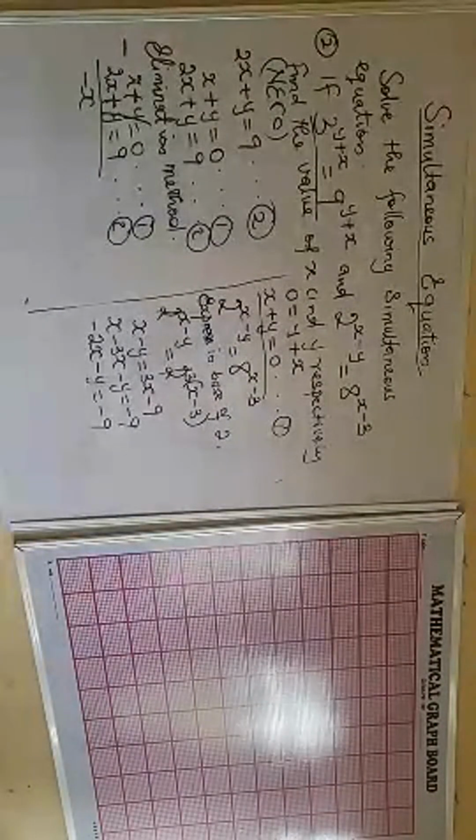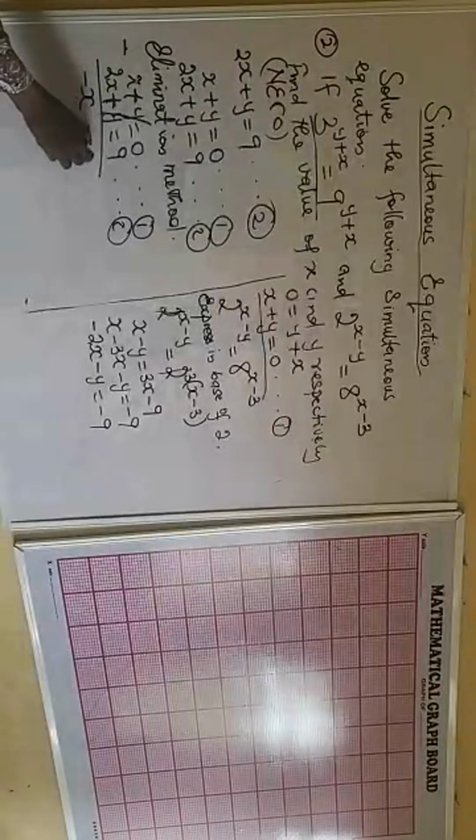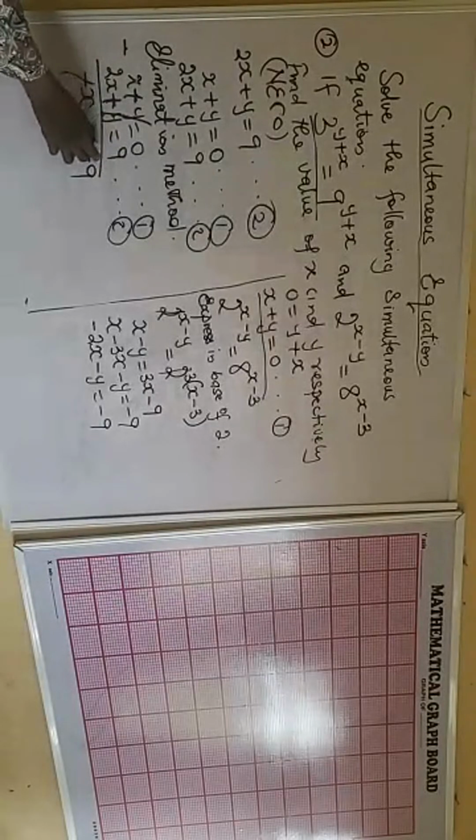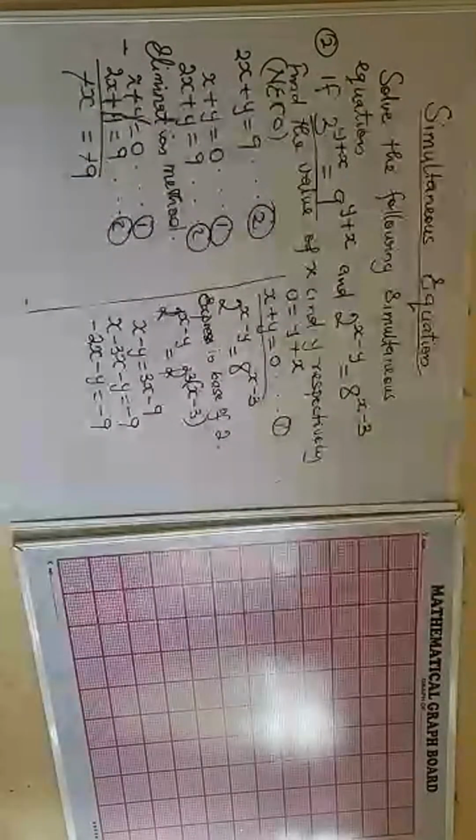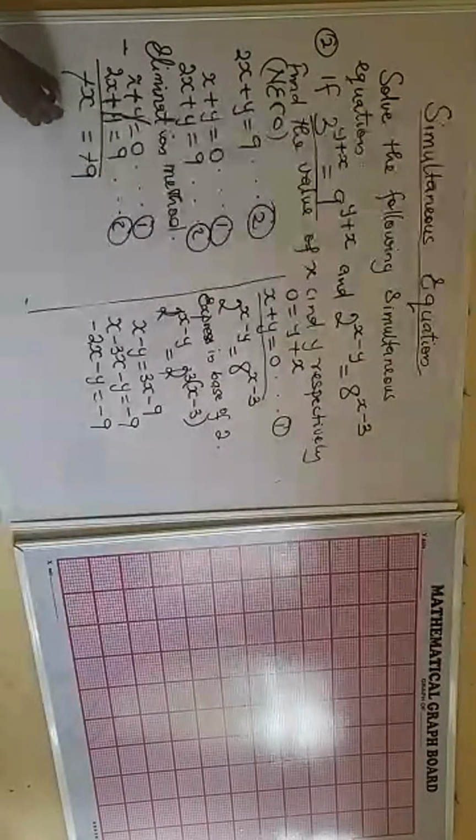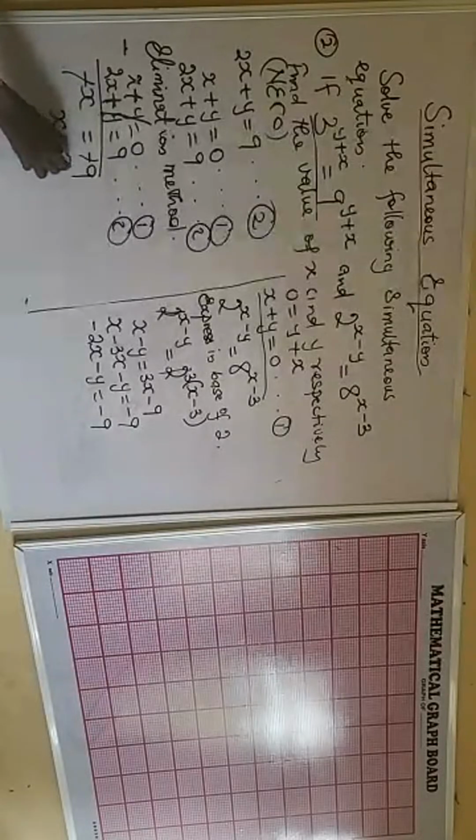Now, y minus y is 0. According to my lecturer, it died a natural death. 0 minus 9 is equal to minus 9. So this negative value we cancel, dividing both sides by the coefficient of x, which is negative. Our value for x is 9. So let's come and solve.